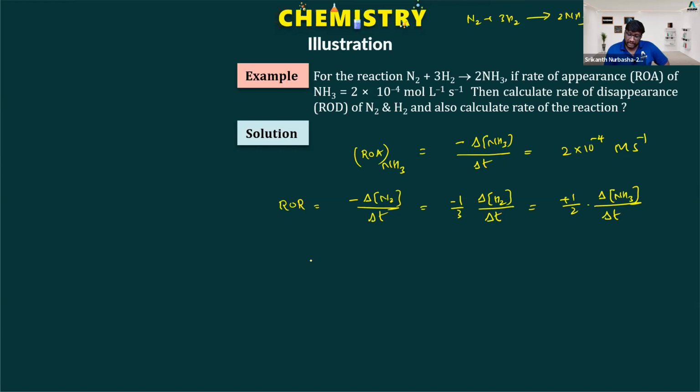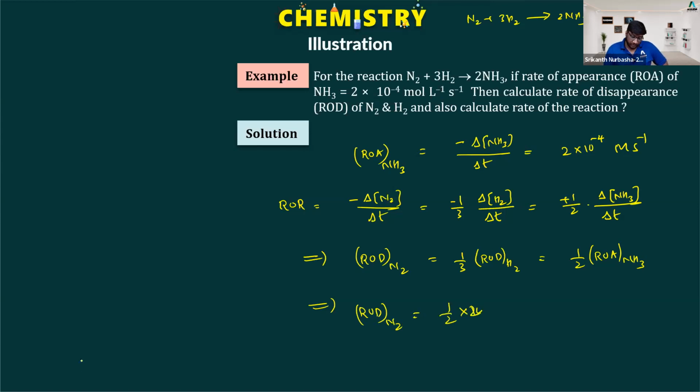From here I can relate rate of disappearance of N2 is equal to 1/3 of rate of disappearance of H2, that is equal to half of rate of appearance of NH3. So rate of disappearance of N2 is equal to half of rate of appearance of NH3. Rate of appearance of NH3 is given as 2 into 10 power minus 4.